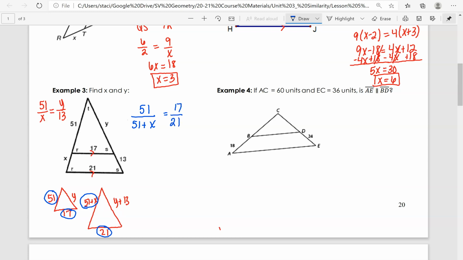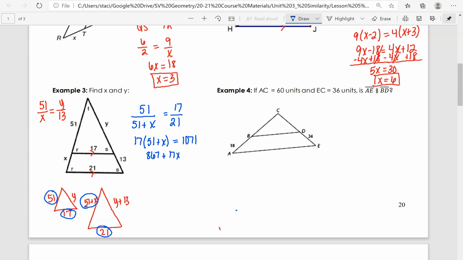And so if I wanted to solve this, now I only have an x. I don't have multiple variables, so I could, at this point now, be able to solve for x. All right, so if I cross multiply, I'd have 17 times 51 plus x is equal to 51 times 21, which is 1,071. And then 17 times 51 is 867.